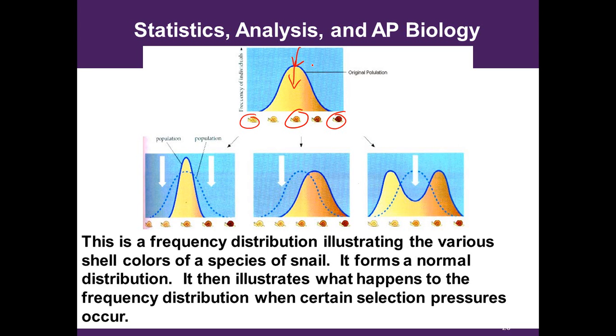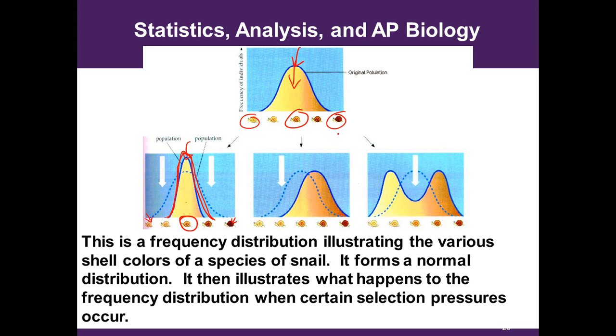So what would happen over time? Look what happens to our normal distribution. More and more snails are the middle color, and you have very few that are very dark and even fewer that are very light. And so our normal distribution takes a higher bell-shaped curve, but it's still a normal distribution.